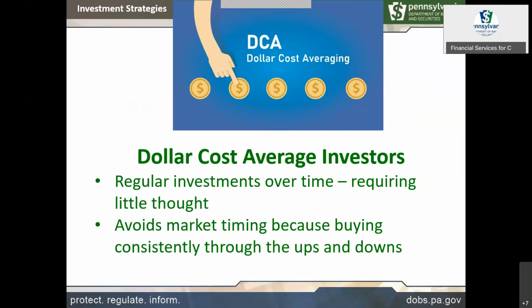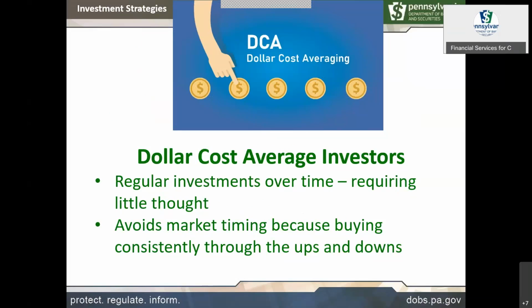Now, the fourth type of investment that I want to talk about is one that many people talk about, and that is the dollar cost average investors. With dollar cost averaging, you are investing the same set defined amount every month or every pay period.